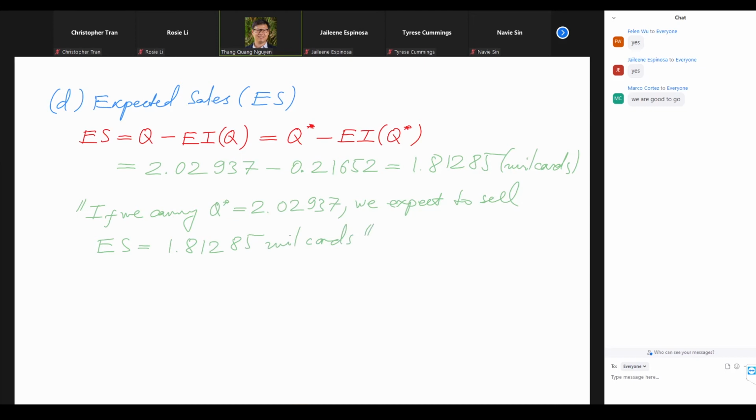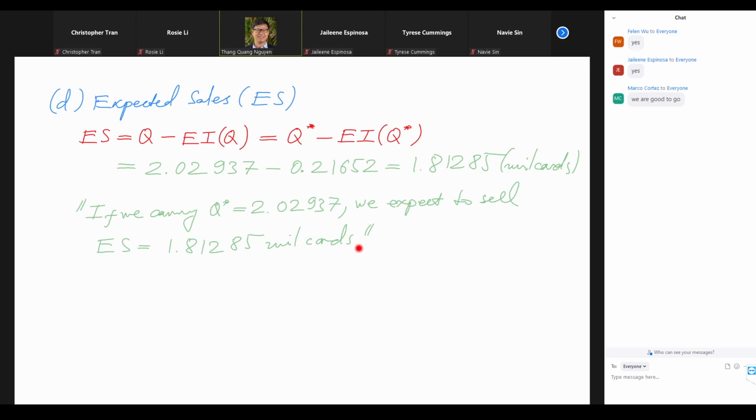I'm sorry, in your notes, please add the units here, right? So if we carry Q star, 2.02 million cards, then we expect to sell these many cards, right? Okay, so that's part D.